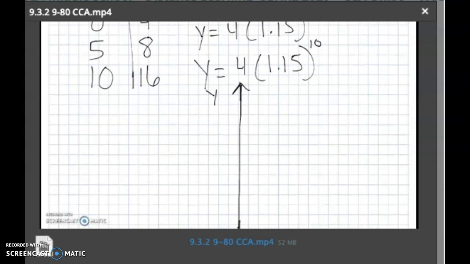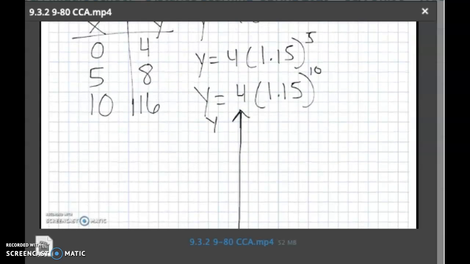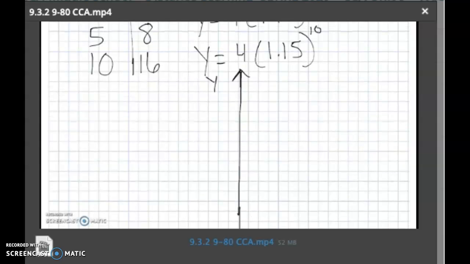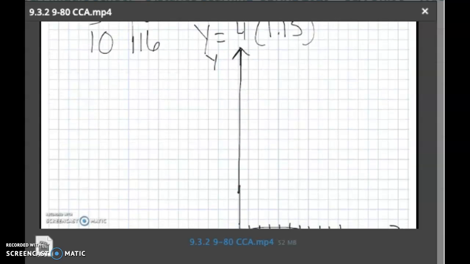The x values that I'm looking at are 0, 5, and 10. I'll label my graph and scale it. For the y values, I have to go all the way up to 16, so I'm just going to keep scaling by ones.